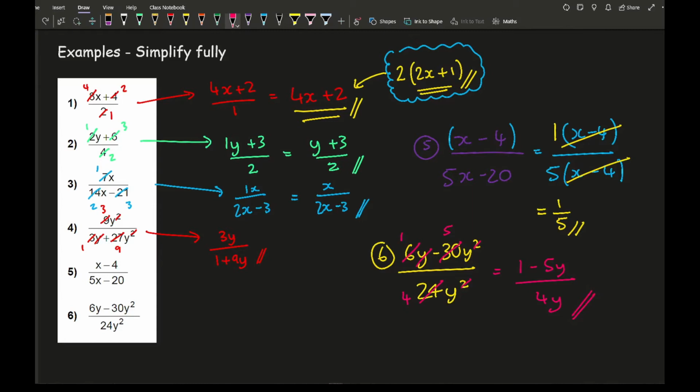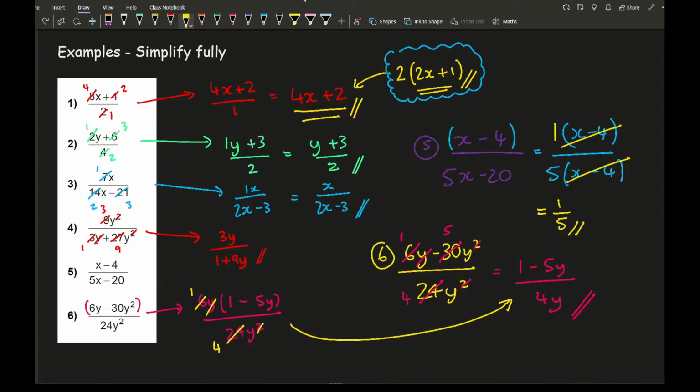Now ideally, an alternate method for question 6 is that I could have factorized both the top and the bottom. Treating the top as a single expression, I can write 6y, because both terms have got 6y, and I've got 1 minus 5y over 24y squared. From this I can cancel this 6 with this 24, so that becomes a 1 and that becomes a 4, and I can cancel that y with that y, leaving me with the exact same answer.